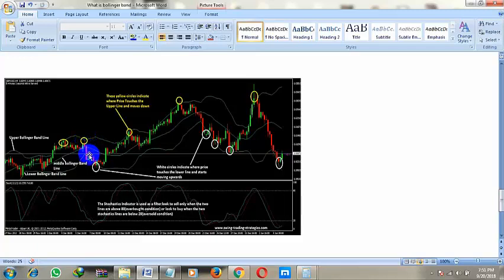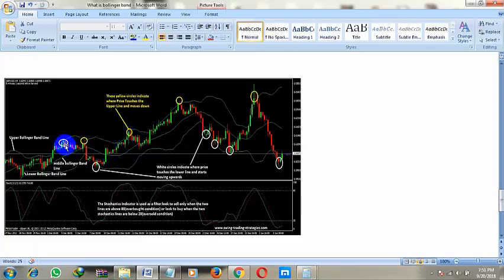Hit there, bounced back, went below the line and pulled back, a buy sign. Even though this time around it didn't hit the simple moving average, it's part of this general trend here. It formed all the way up here, hit this place, broke it, and followed it all the way up here.